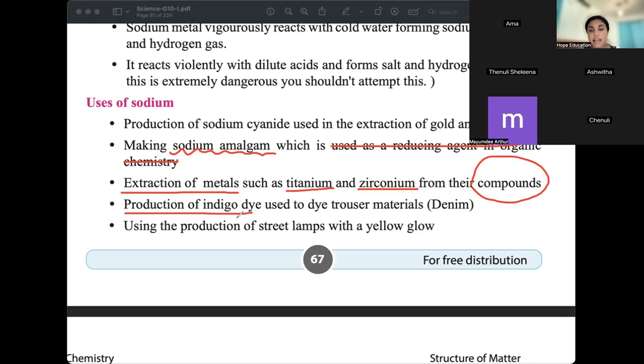Then another one: you may have seen street lamps with a yellow glow. Nowadays the lamps are not really sodium, but have you all seen in movies those street lamps with a yellow glow? In some streets there might be. You have probably seen them in photos. In these street lamps they use sodium to get the yellow glow, right?